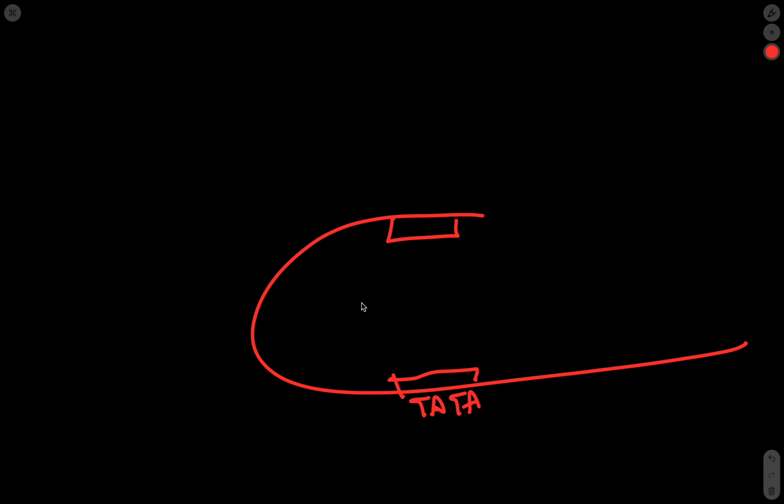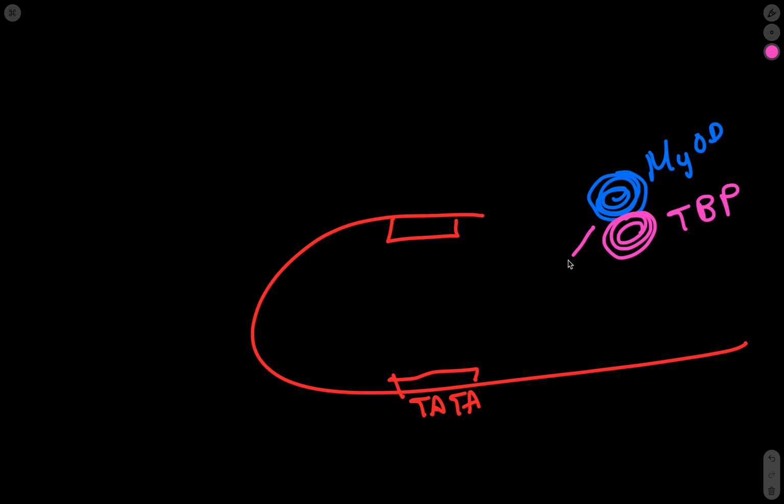And what that scientific article seemed to show is that what actually happens is MyoD binds to TBP before either bind to the DNA. And what happens is that together they find their binding sites and they help each other.